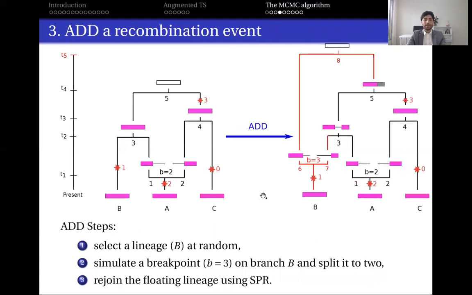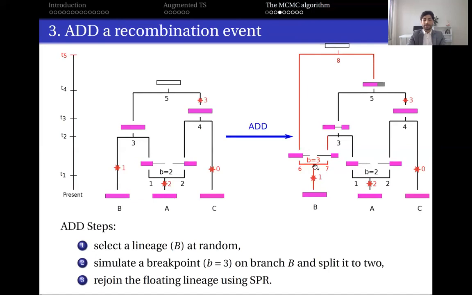The third transition type is to add a recombination event. So one of the branches, again, at random is chosen. Here we choose branch B, and then simulate a breakpoint on branch B. The breakpoint is 3 here, and then we split the branch into 2 new branches, 6 and 7.